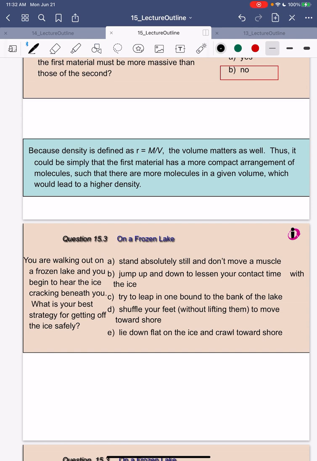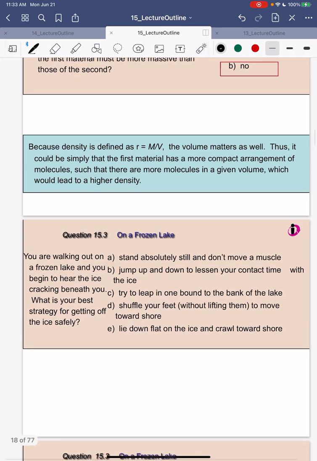Are you going to stand absolutely still and not move a muscle? Are you going to jump up and down to lessen your contact time with the ice? Are you going to leap in one bound to the bank of the lake? Or are you going to shuffle your feet without lifting them to move towards the shore? Or are you going to lie down flat on the ice and crawl toward the shore?